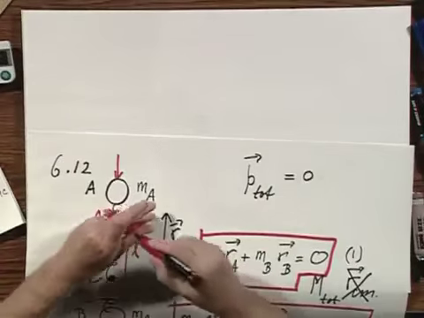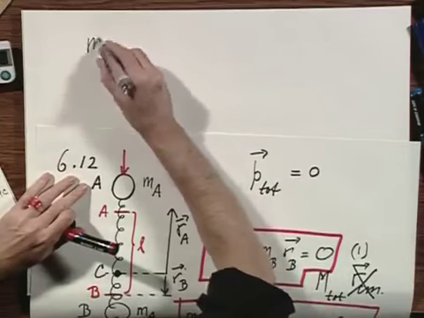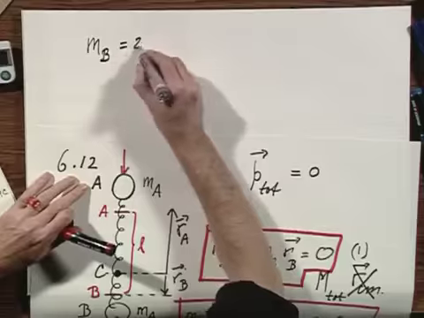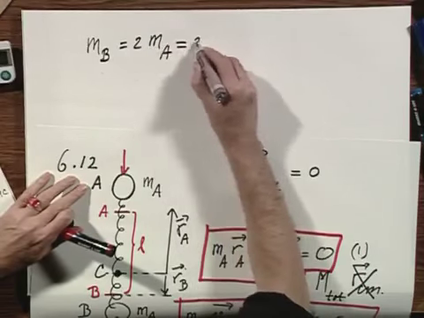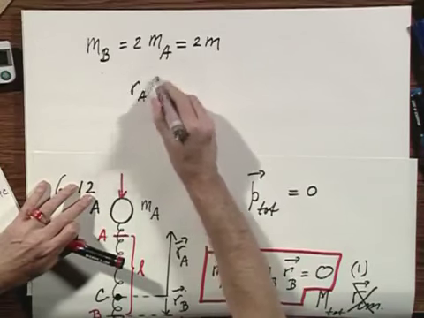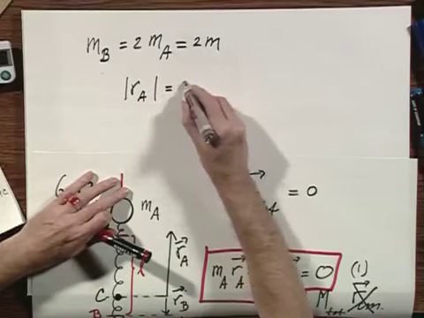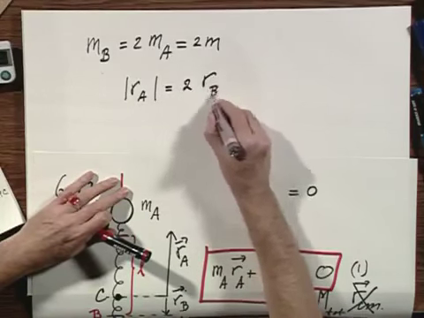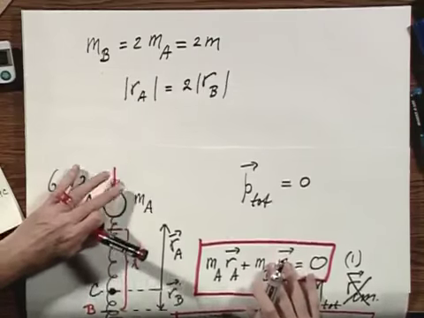Now in our problem, we know that MB happens to be twice MA, and let's call MA little m, so that is 2m. So it followed immediately that the magnitude of RA, the magnitude of the displacement vector of A, is twice the magnitude of the displacement vector of B. That follows immediately from this equation.